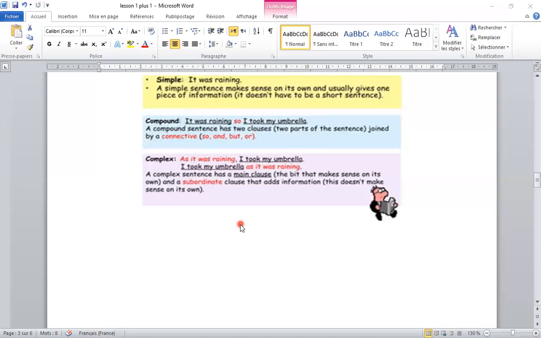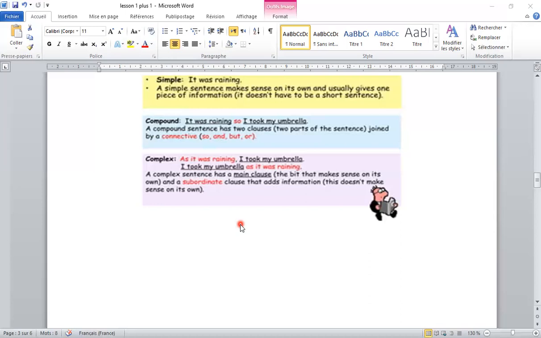It doesn't require another sentence to explain or elaborate it. When I say I took my umbrella, the idea comes to our minds. It means I open and take the umbrella. It means there is a reason why I use my umbrella. Either it is so hot, so sunny, so I'm afraid to get a heat attack.